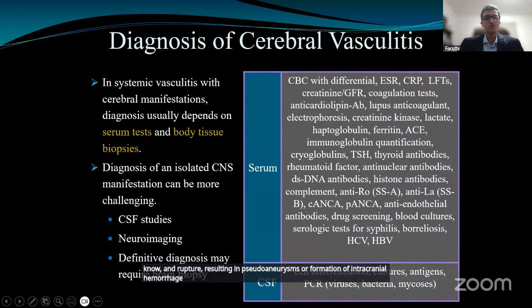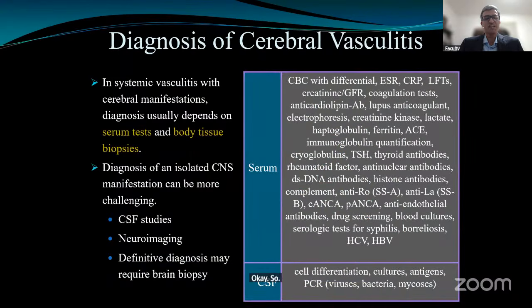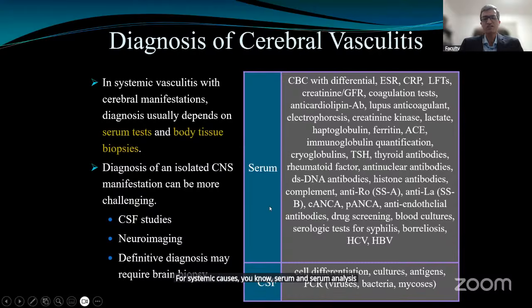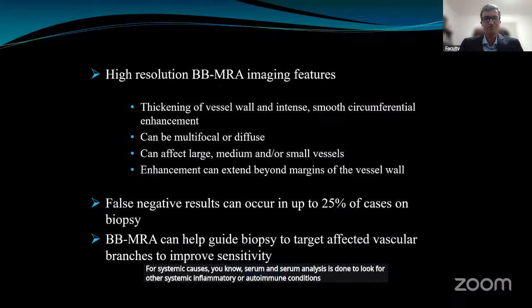Okay. So diagnosis traditionally has been through CSF studies. Neuroimaging plays a critical role. And of course, definitive diagnosis is by brain biopsy, right? Brain and meningeal biopsy. For systemic causes, serum analysis is done to look for other systemic inflammatory or autoimmune conditions. Okay.